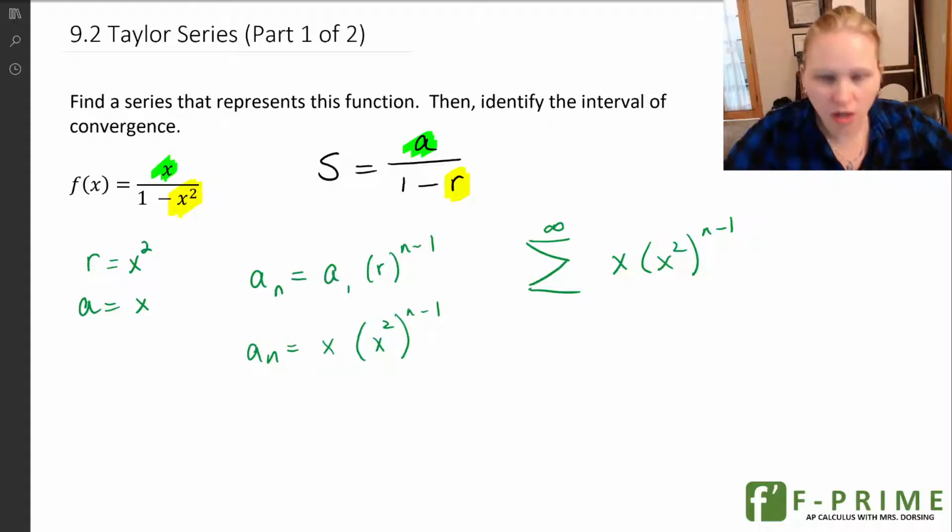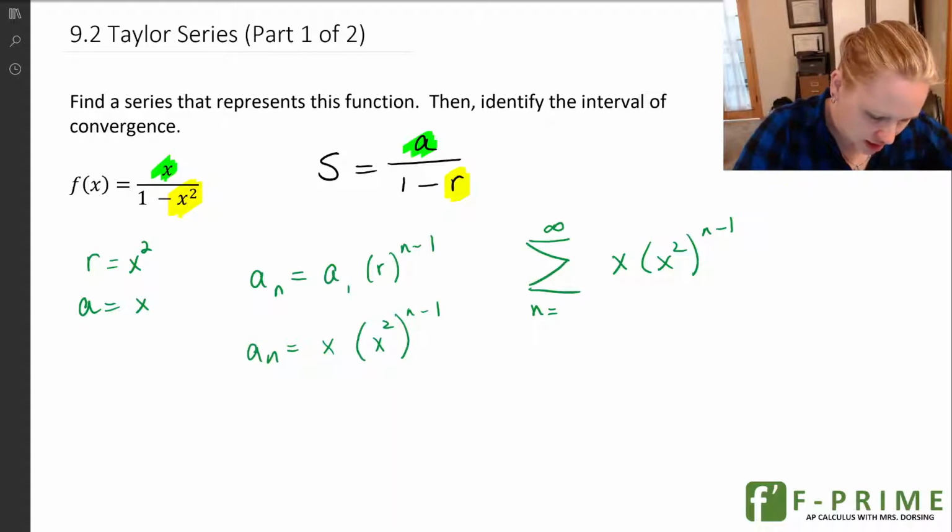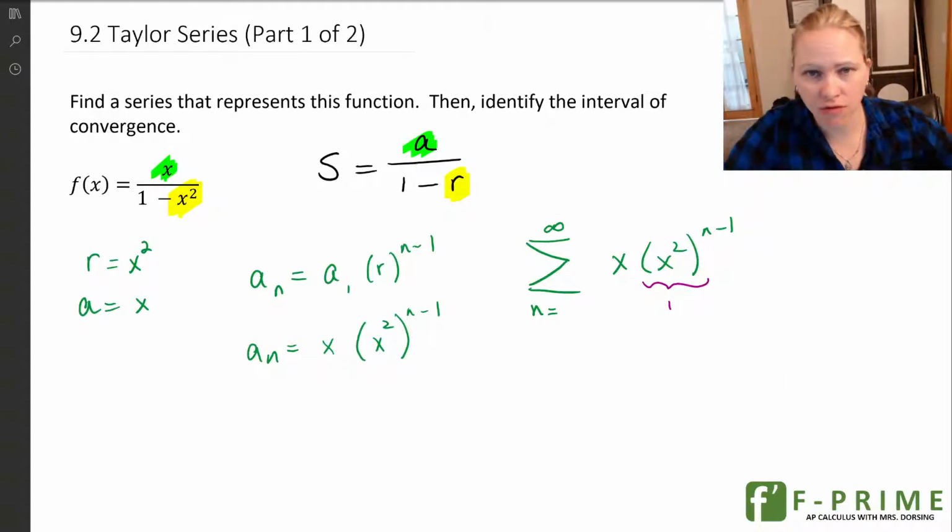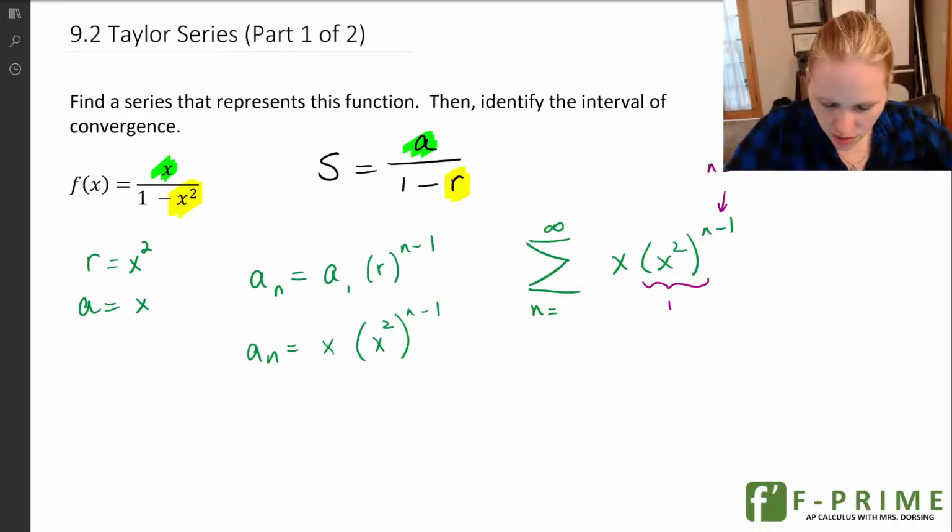Where we start really depends on what we're looking at. If I try to create a series, I have to be careful what I start n at. Whatever I start n at, I want to make this term equal to 1 so that x is my first term. So I need n minus 1 to equal 0, so I have to start n at 1.